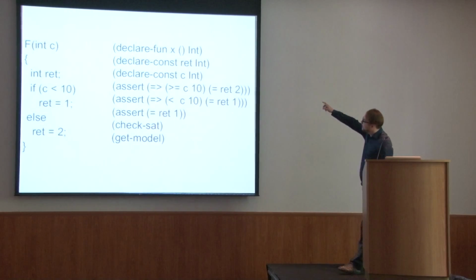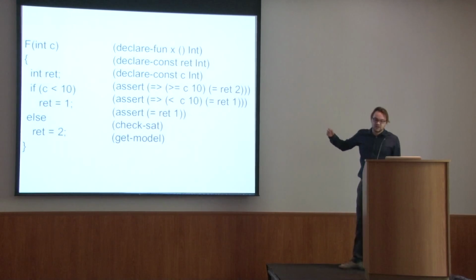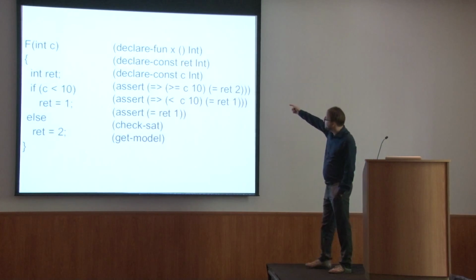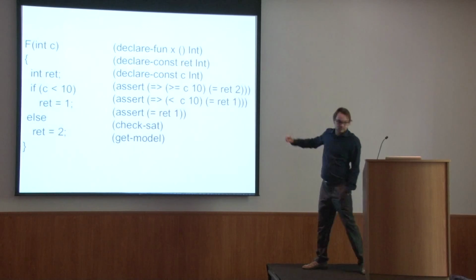First you've got three declarations: the X, the ret, and the C. Those are just variable or constant declarations. And then you've got the logic of that piece of code being encoded.